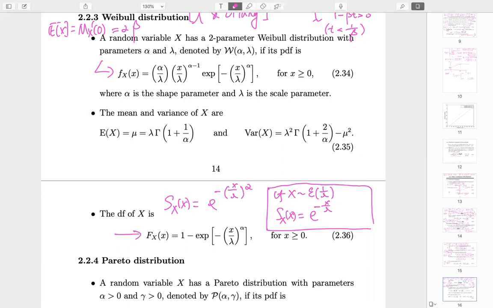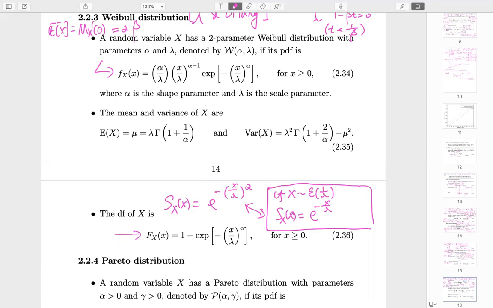So you can somehow see the connection between gamma and Weibull. They have some joint parts, an intersection, and exponential is only a special member of that intersection. I think this will help you understand, or at least memorize, the Weibull distribution.